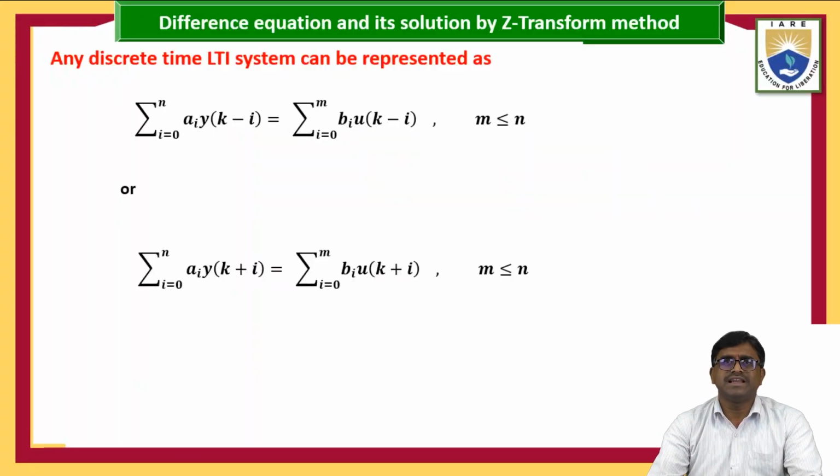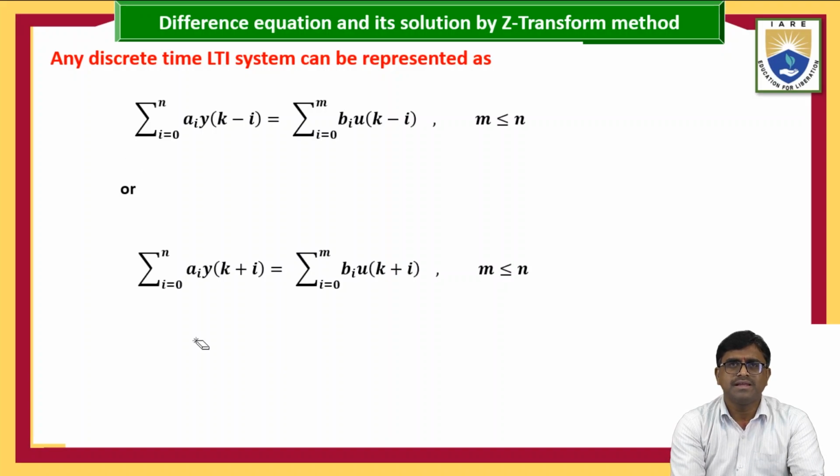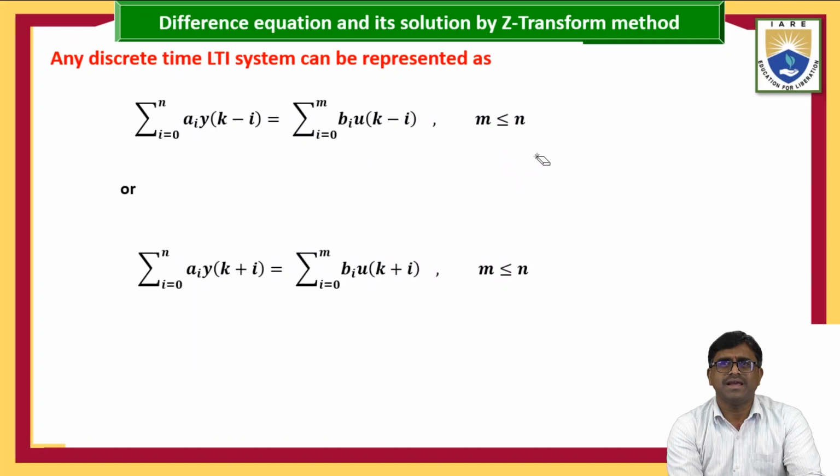Now, generally for finding any system behavior, we have the input-output parameters. For analyzing those input-output parameters, in the case of discrete time control, linear time invariant systems, that is LTI systems, we have to analyze the behavior of input and output. So, sigma i equal to 0 to n, y of k minus i, it is the output function. a is the magnitude function, equal to the input of the function where m is less than n.